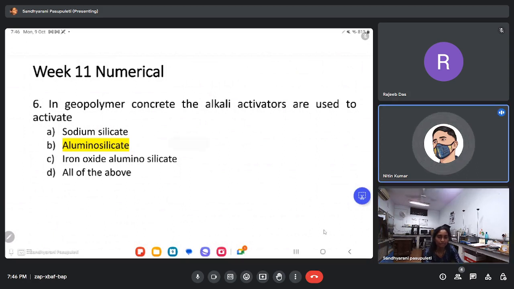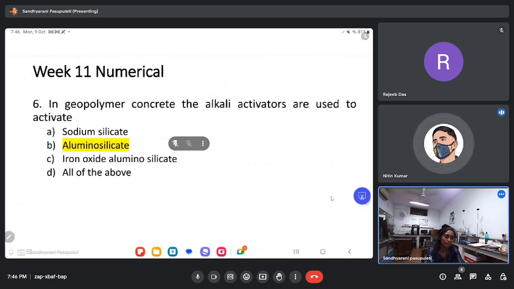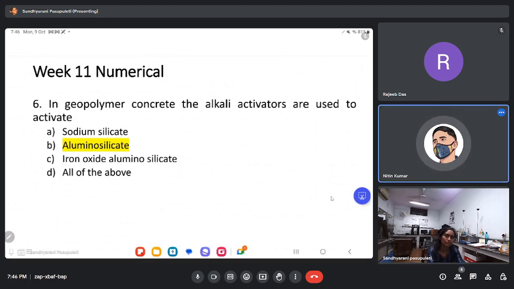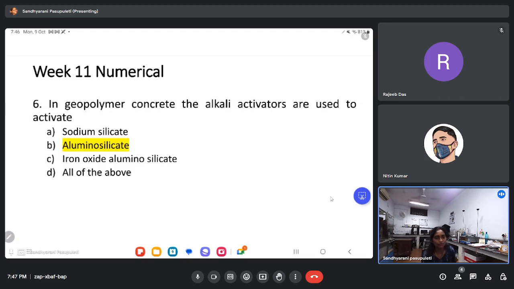Ma'am, according to Indian specification, what is the percentage dosage of GBFS in the PQC layer? Those percentage limits you can check in Google if you type IRC 44 2017.